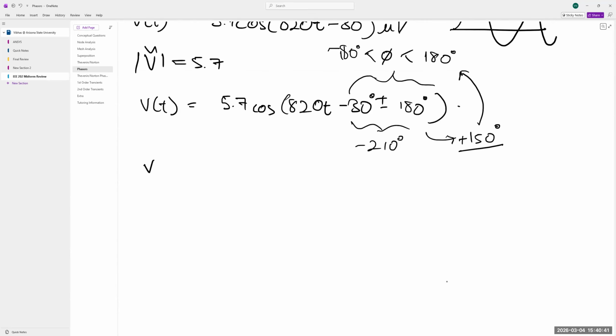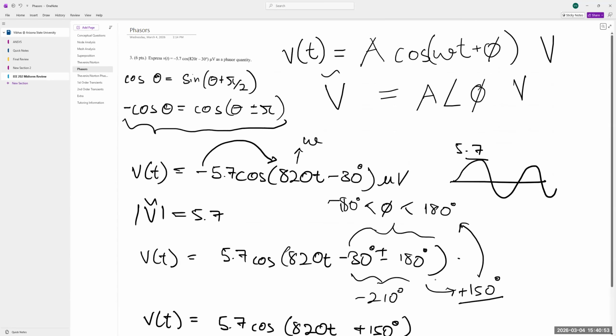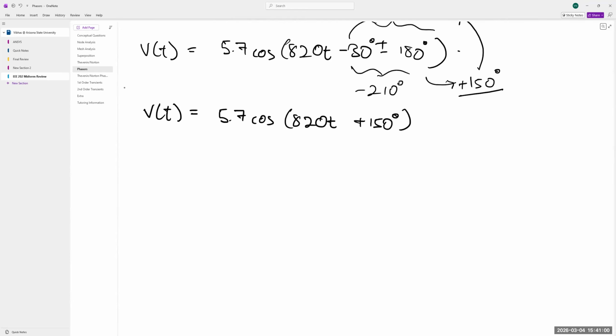Just following the steps. V of t is 5.7 cosine 820t plus 150 degrees. So the question said it's this. This is another way of writing the same thing. And then the phasor is an even better way to write the same thing.